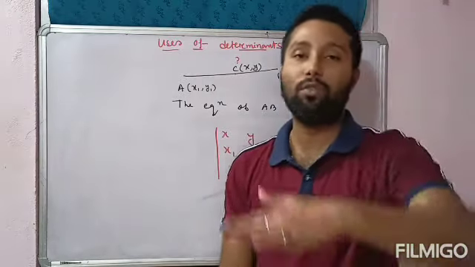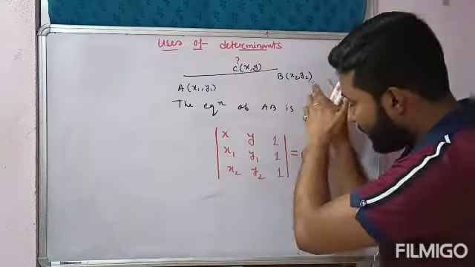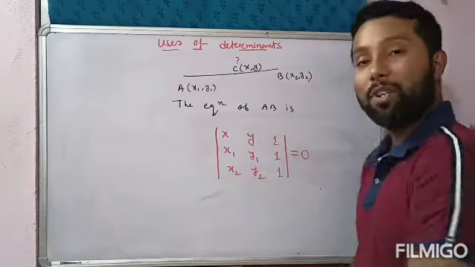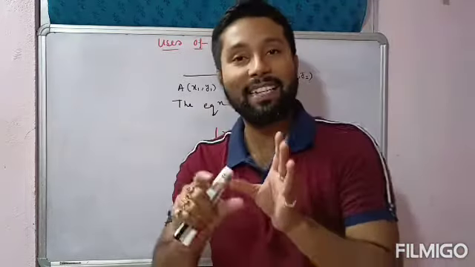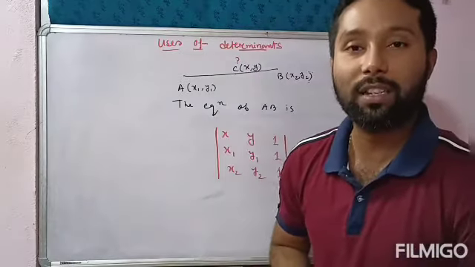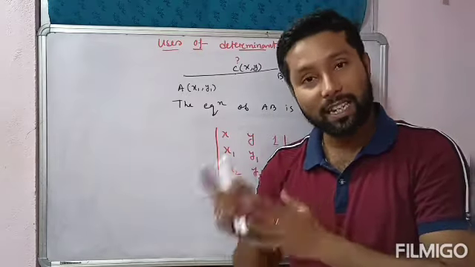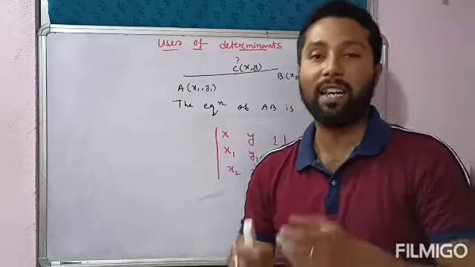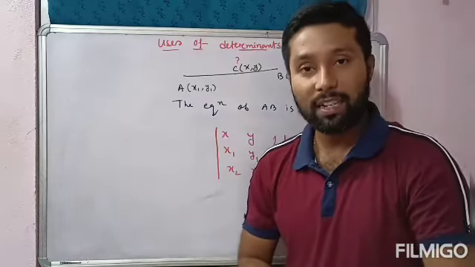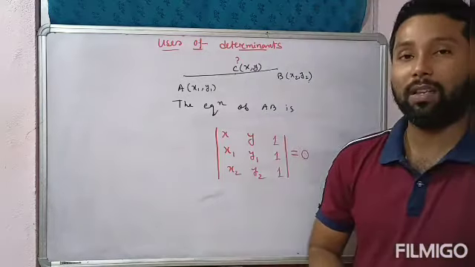So since the 3 points are collinear, which means the area of triangle is equal to 0 only. तो स्ट्रेट लाइन में है, मतलब इसलिए तो राइट हैंड साइड में 0 लिखा गया है. तो इसको जब एक्सपांड करेंगे तभी तो एक इक्वेशन मिलेगा, राइट? इक्वेशन मींस राइट हैंड साइड में तो कुछ कांस्टेंट फिगर होना चाहिए, राइट? अगर राइट हैंड साइड में कुछ नहीं है तो that will not be an equation, that will be an expression. ओके, राइट हैंड साइड में अगर कुछ नहीं रहेगा तो उसको एक्सप्रेशन बोला जाता है। राइट हैंड साइड में अगर कुछ कांस्टेंट फिगर रहेगा तो उसी को ही इक्वेशन बोला जाता है। क्लियर?